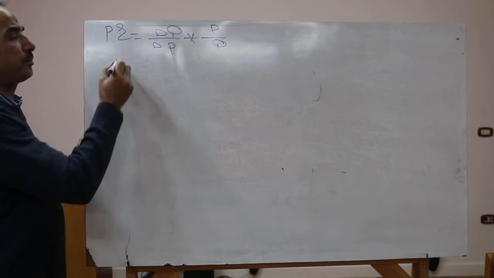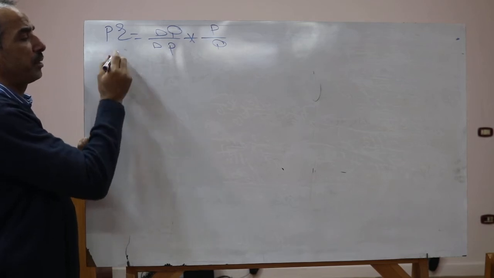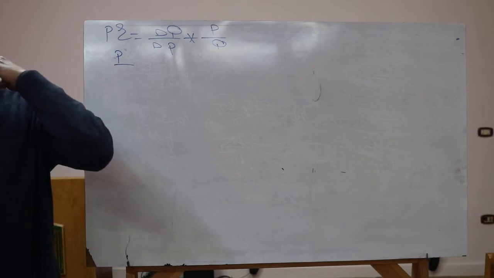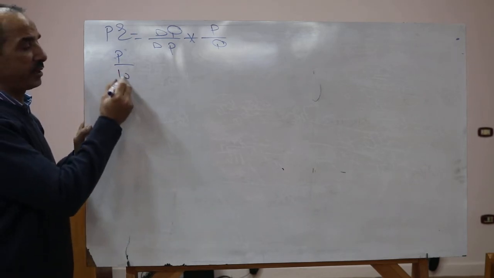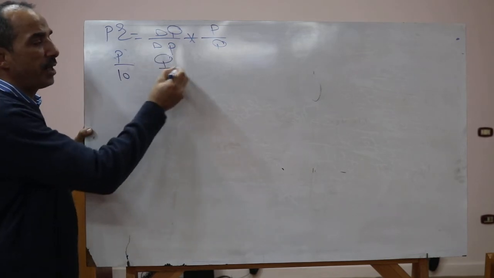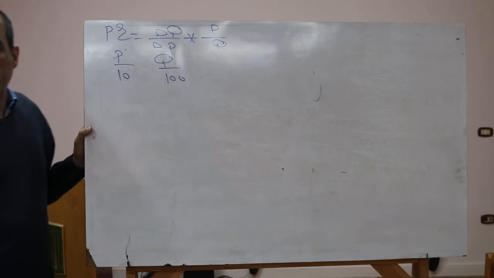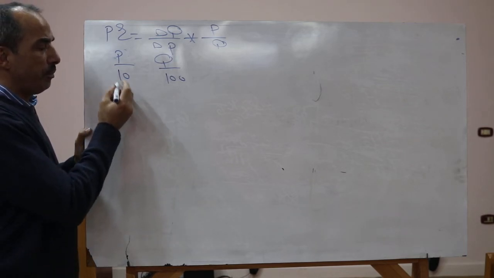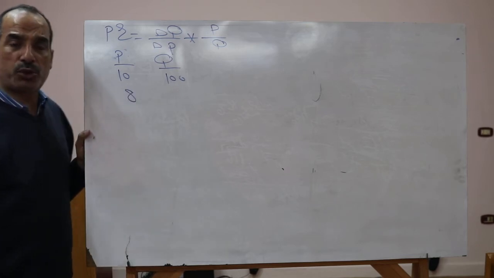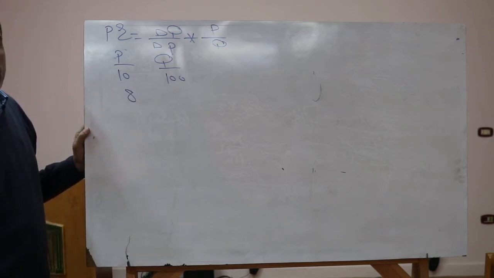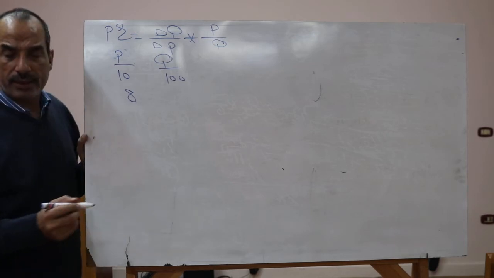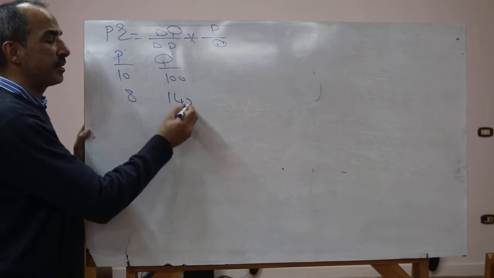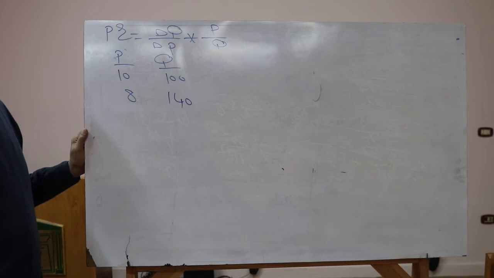Example: when the price equals $10, the quantity equals 100 units. Maybe the price decreases by $2 and becomes $8, and in this position the quantity increases to 140.